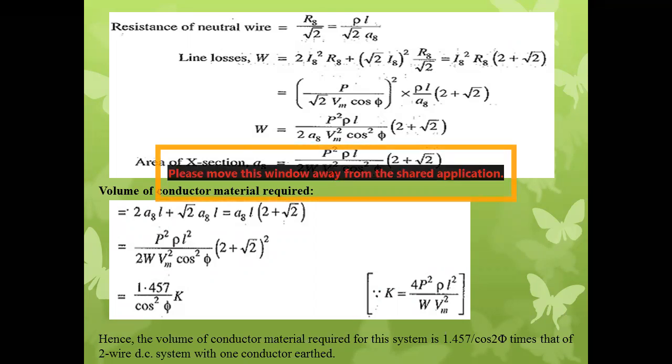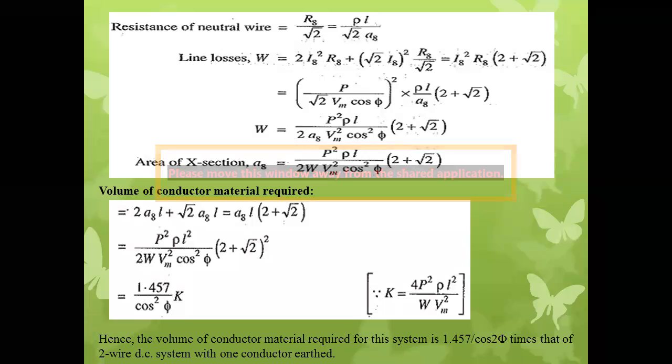4 plus 2, how much? No, under root of 2 plus 2. How much is this one? Just calculate it. This bracket we have to simplify: 2 plus root 2 whole square. What is the value for this one?